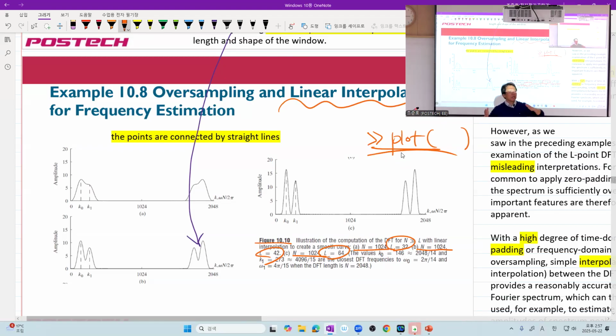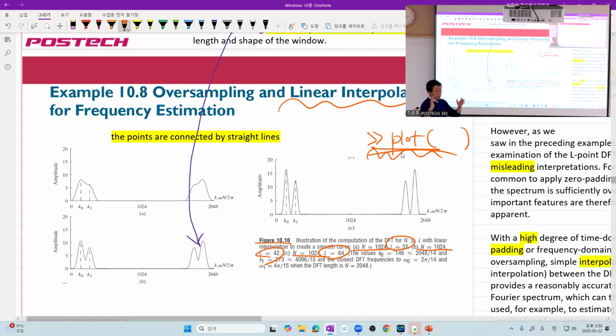Second, how many zeros are to be padded. Each parameter affects our final result. And you may want to use plot instead of stem if you are interested in estimating or approximating the CTFT of the original signal.